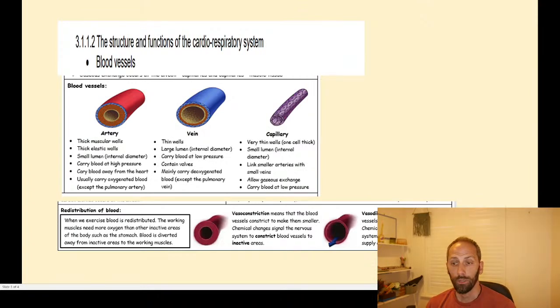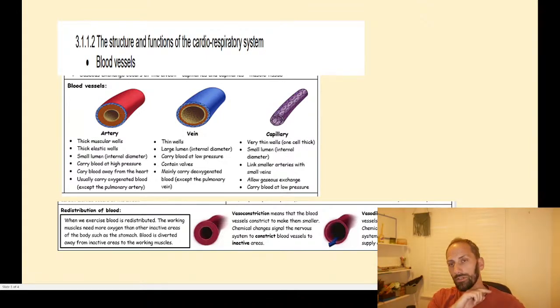So what we need to understand first of all is the direction of blood. Arteries always take blood away from the heart. Veins bring blood back towards the heart. That's one of the first things that you need to understand, and that will help you massively if you get a question on the heart, because as soon as you see an artery, you should think about going away, veins visit, so veins come back.